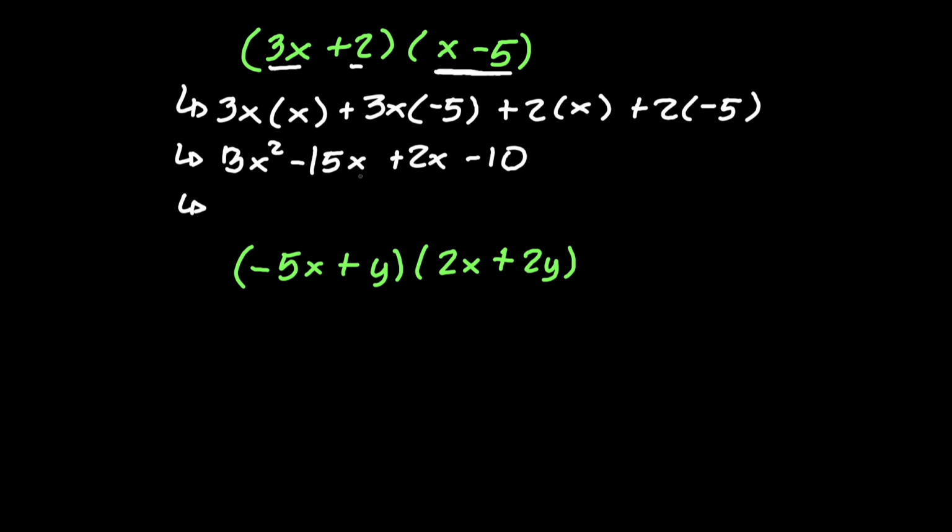Combine the like terms or the common terms, which is negative 15x and 2x. So it would be 3x squared, and negative 15x plus 2x would be negative 13x, minus 10.